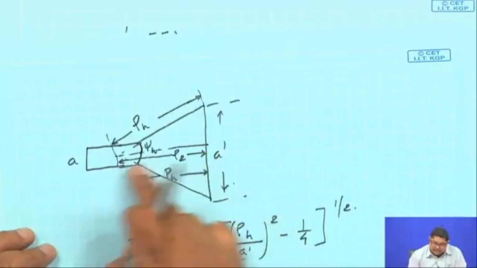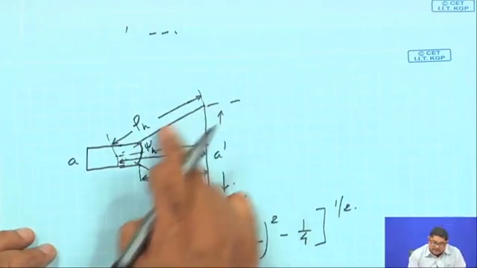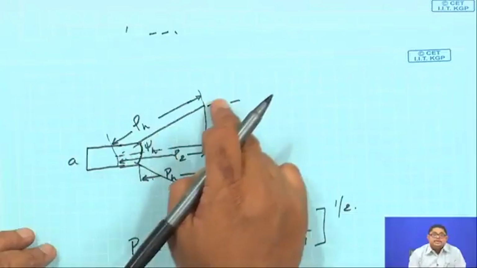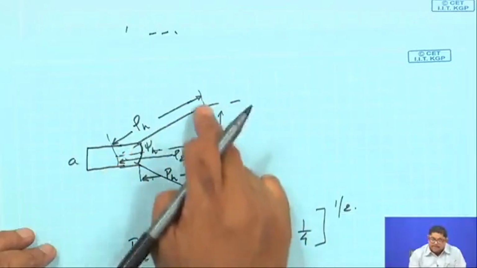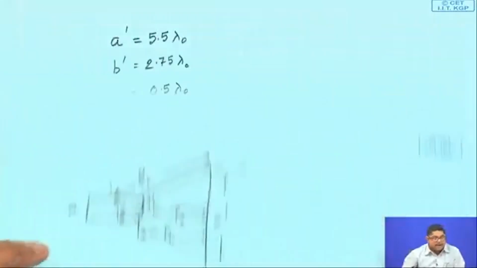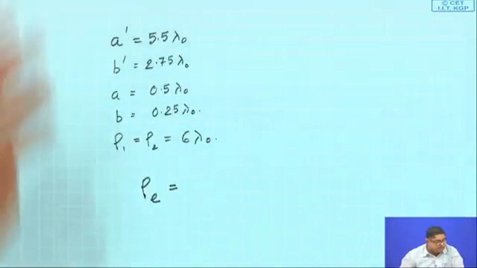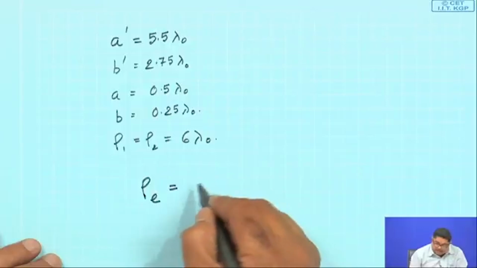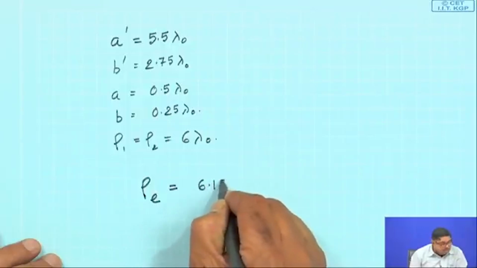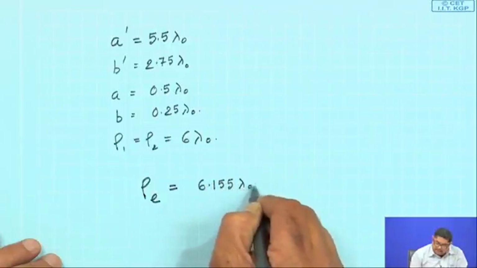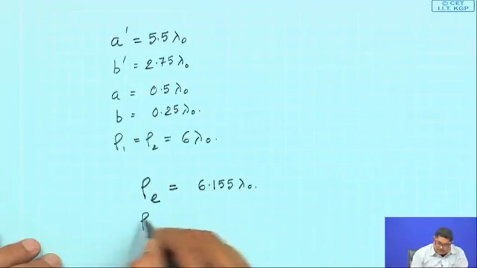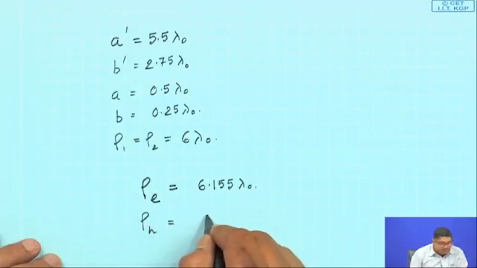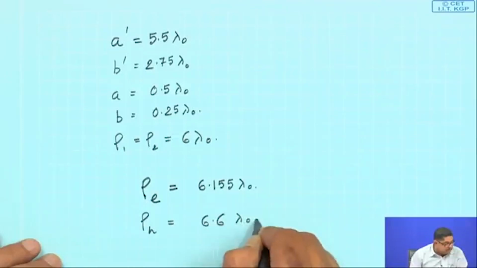So, I can say that rho H is the hypotenuse of this right angle triangle. From that I can easily find out rho E and rho H. So, rho E will be 6.1155 lambda naught, and similarly rho H will be 6.6 lambda naught.